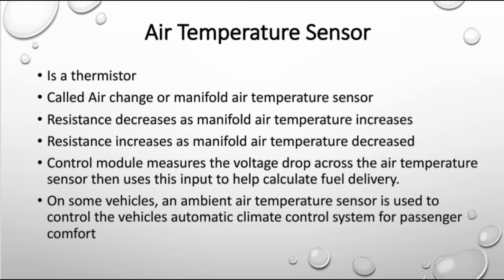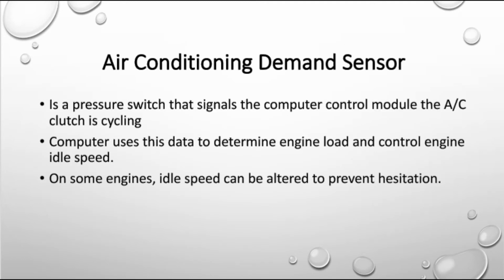On some vehicles, an ambient air temperature sensor is used to control the vehicle's automatic climate control system for passenger comfort. The air conditioning demand sensor is a pressure switch that signals the computer control module that the AC clutch is cycling. The computer will use this data to determine engine load and control engine idle speed. On some engines, idle speed can be altered to prevent hesitation.